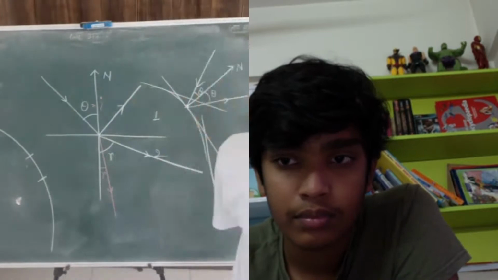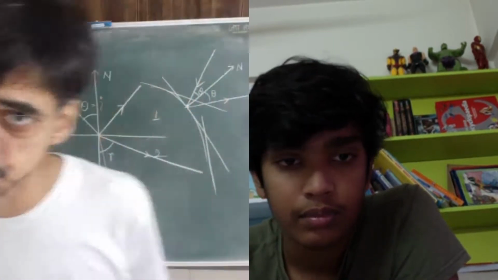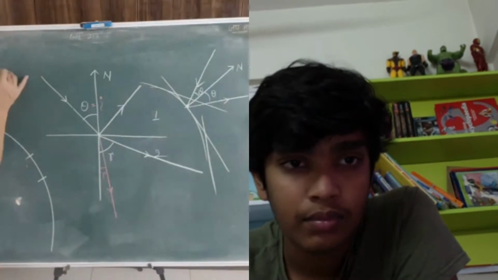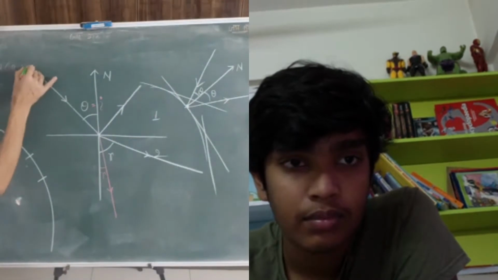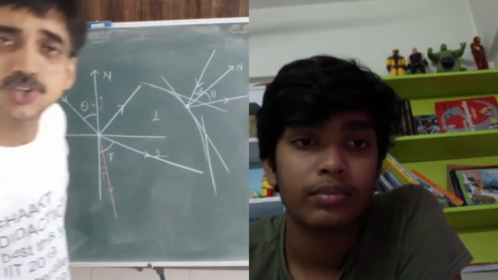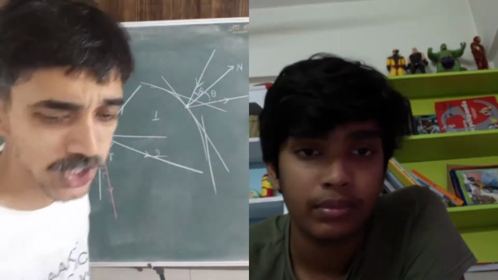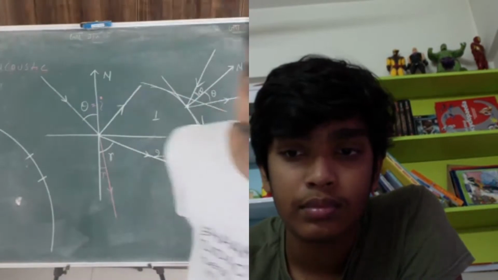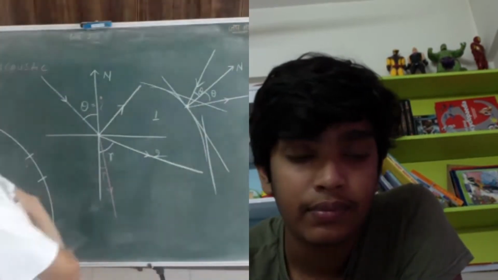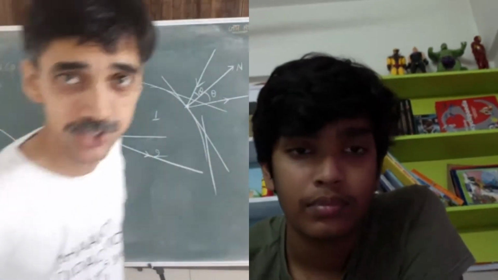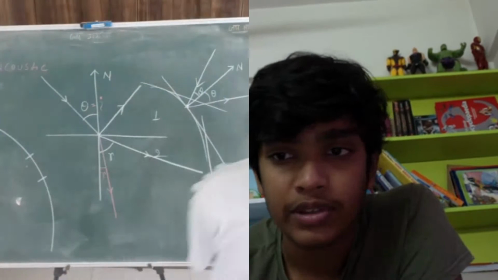Optics means light, and acoustic means sound. Okay, dear? So for sound, which is rarer, iron or air? Iron is rarer. Why? Because sound is able to travel faster in iron.